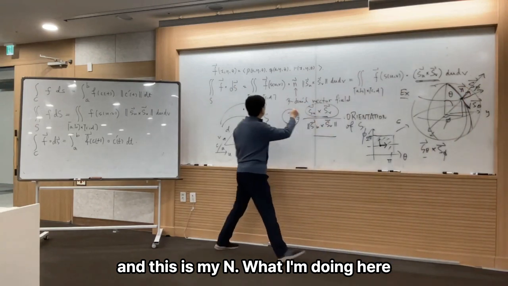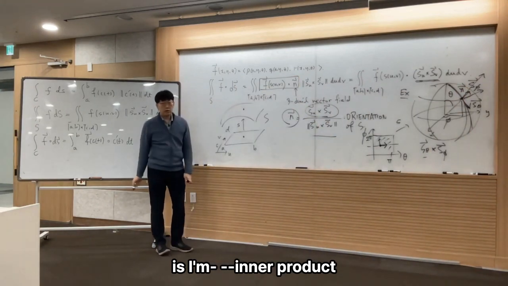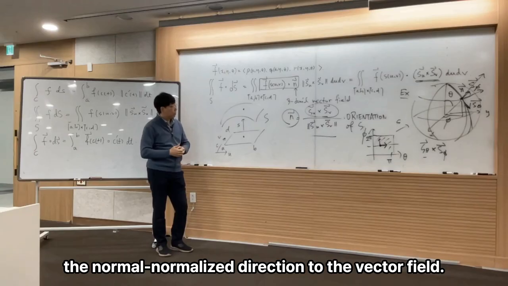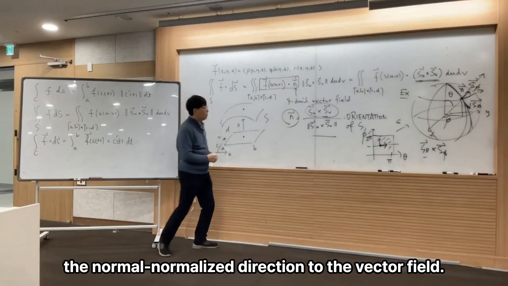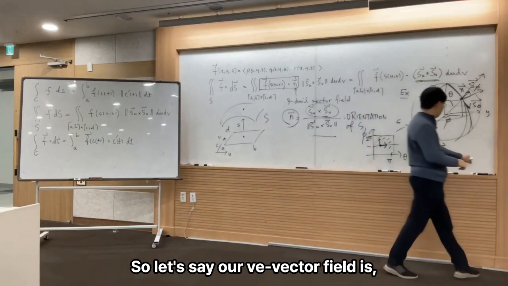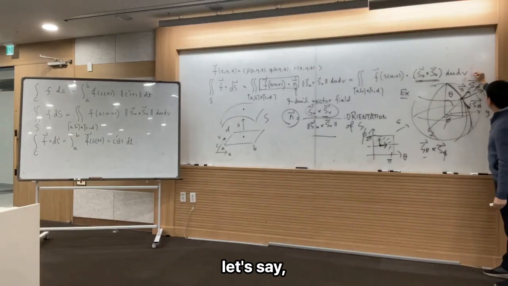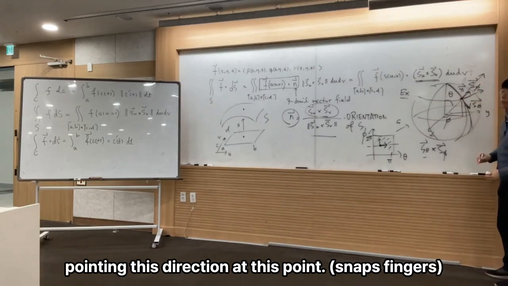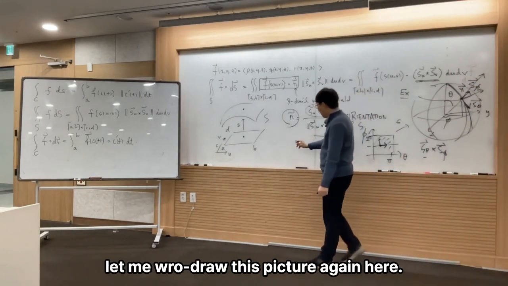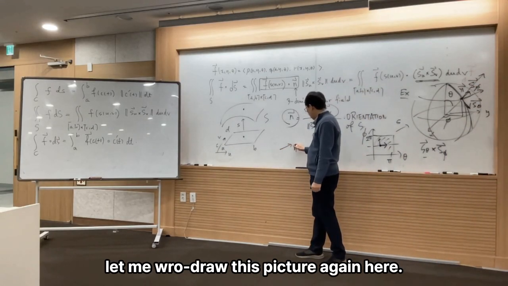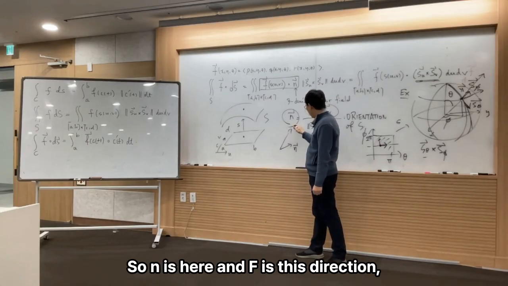What I'm doing here is taking the inner product of the normalized direction with the vector field. So let's say our vector field is pointing in this direction at this point. Let me draw this picture again here. So n is here, and f is this direction.